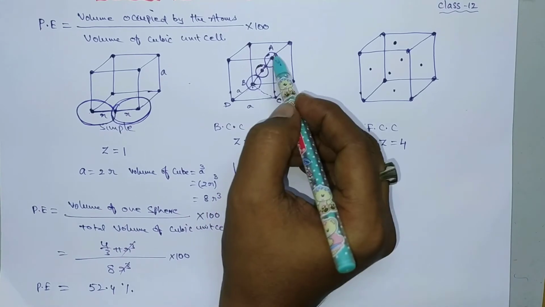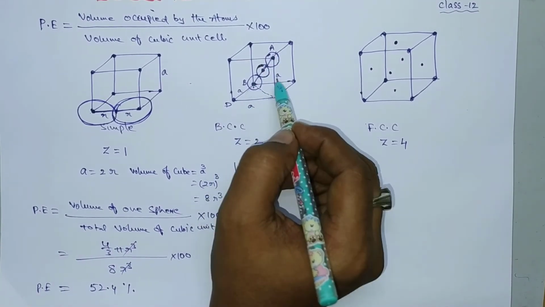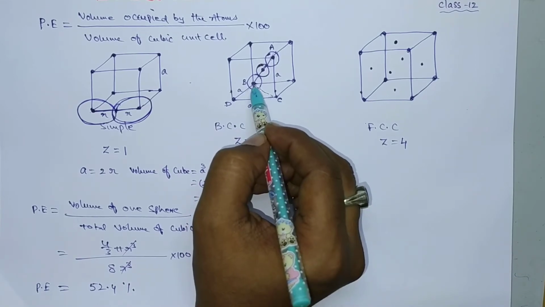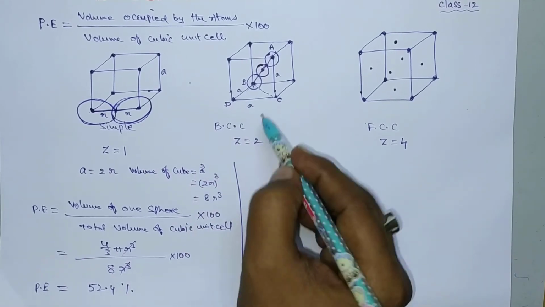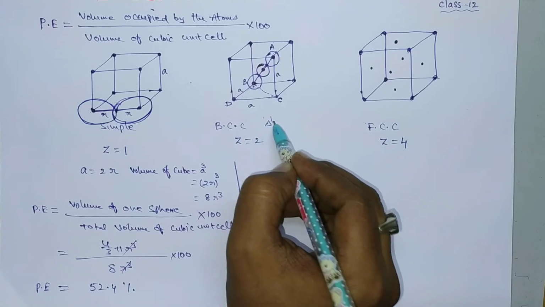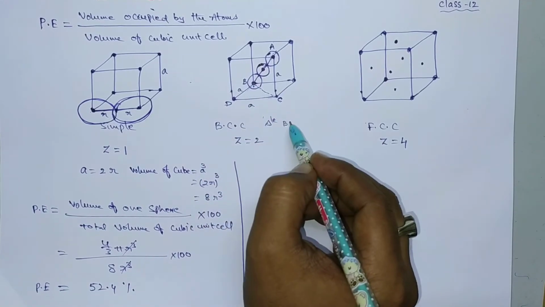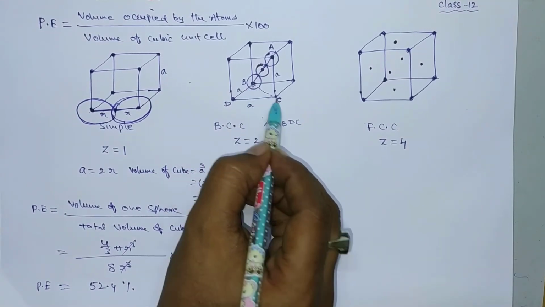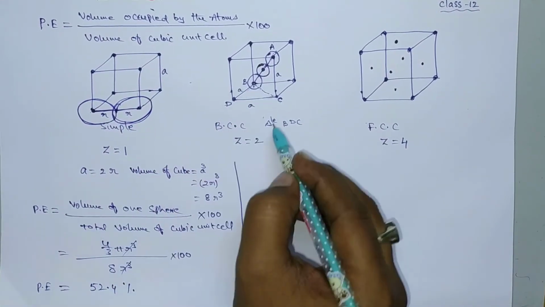In order to calculate this distance AB in terms of A, let us apply the Pythagoras theorem for the triangle BDC. We have to calculate this face diagonal.